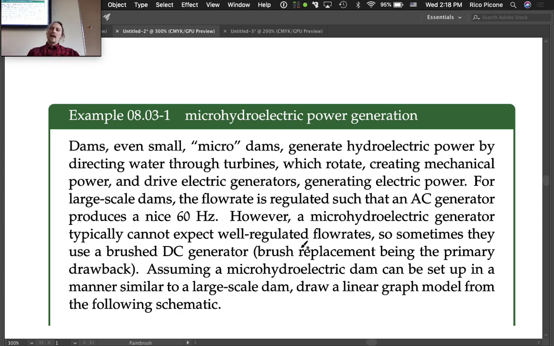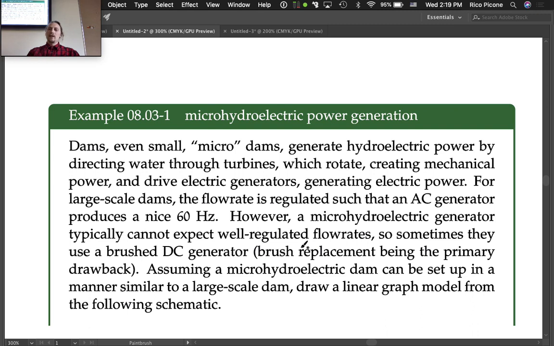And sometimes they use a brushed DC generator, in part because you then don't need to have it go at a very specific speed, very specific frequency to generate the power. And also because DC power is something that you can store in a battery, for instance, or you can charge a battery with. So that's a reason to do a DC generator. The brush replacement being, of course, the primary drawback, as we've discussed before.